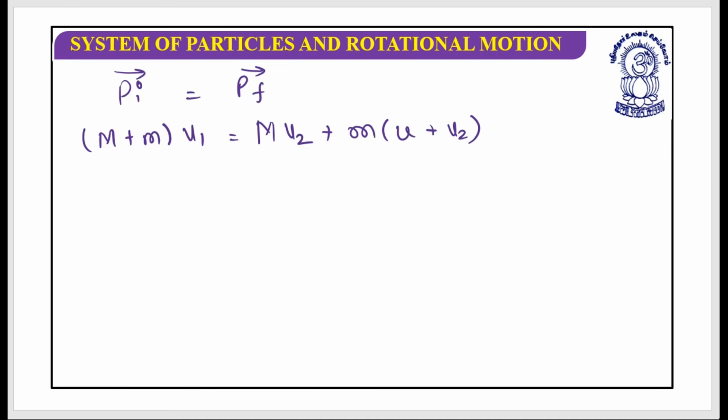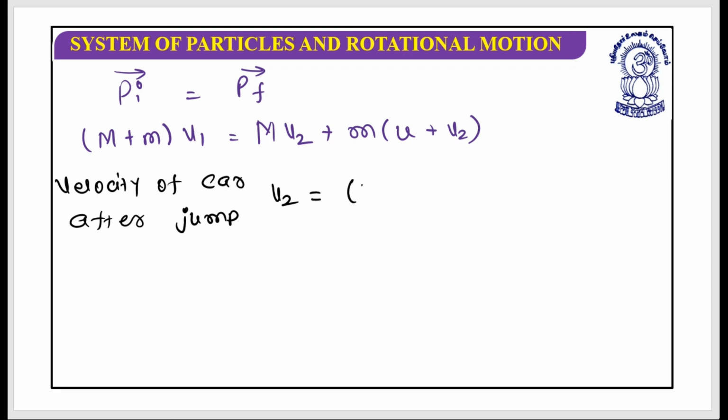So first, find the velocity of the car after the jump, which we call v2. If I simplify this, it is (M plus m) into v1 minus m into u, divided by capital M plus small m.